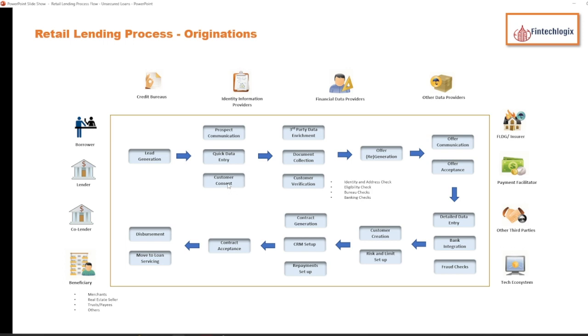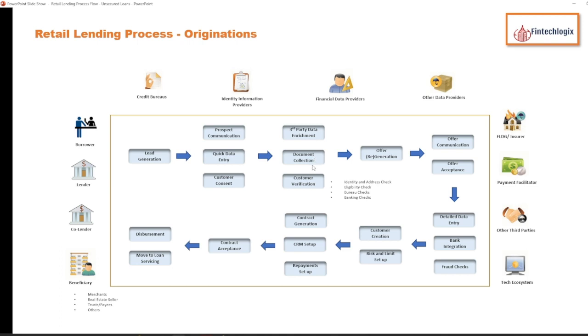As we get customer consent, we ask for third party data enrichment. Financial services would have tied up with a lot of agencies to collect third party data. We also gather different documents.